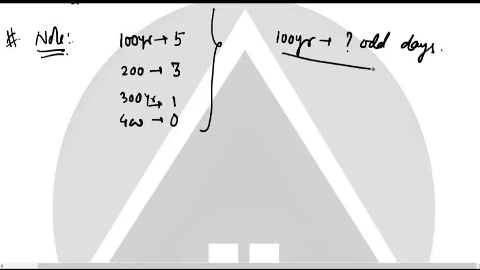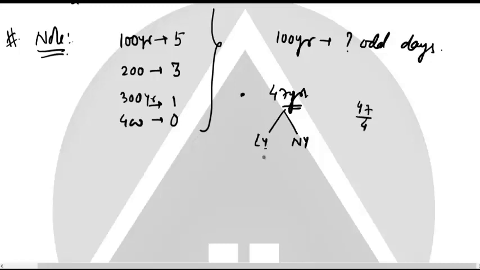If you remember, I had discussed, say, 47 years has how many odd days. I had told that you have to check, number one, how many leap years are there in this and how many normal years are there in this. So in this case, if you remember how to find the number of leap years, I'll divide 47 by 4, I get 11 leap years, and 36 normal years.